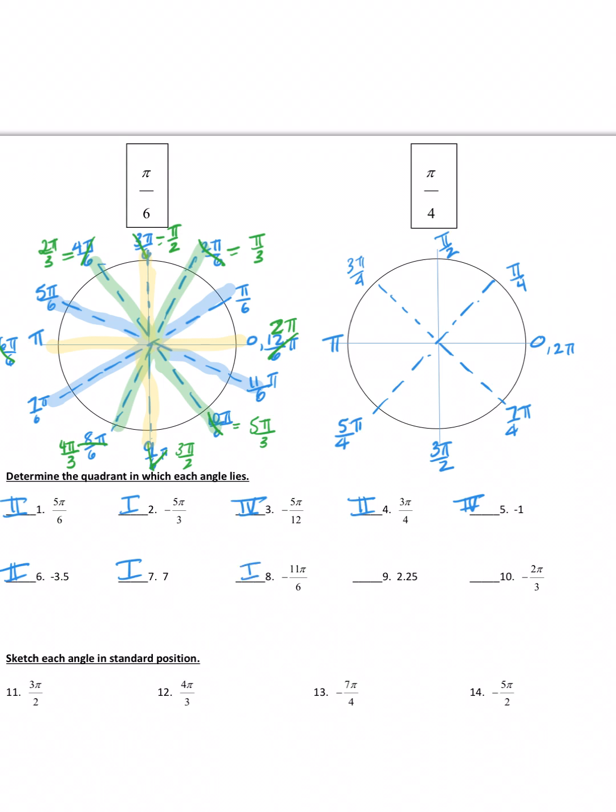We're back into quadrant 1. .25 radians. Quadrant 2, remember? And negative 2 pi over 3. Well, positive 2 pi over 3 is in quadrant 2. Fold it over. We're now in quadrant 3.